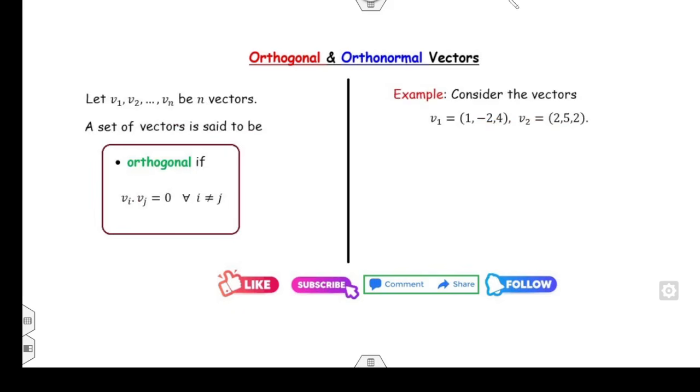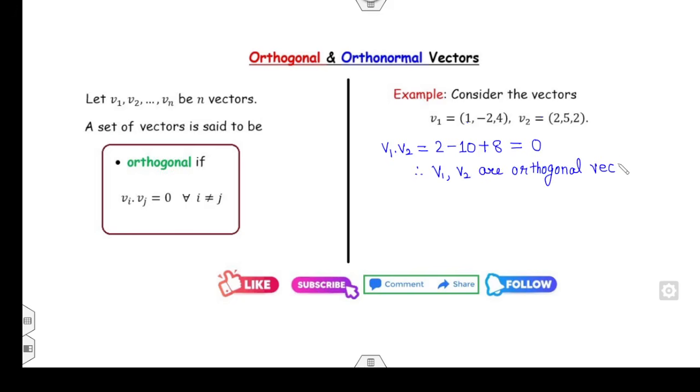For example, if you look at these two vectors v1 and v2, let me check whether they are orthonormal or orthogonal. Firstly, we can find the dot product: first element with the first element, second element with the second element, third element with the third element. So that will be 0. So we can say v1 and v2 are orthogonal vectors.